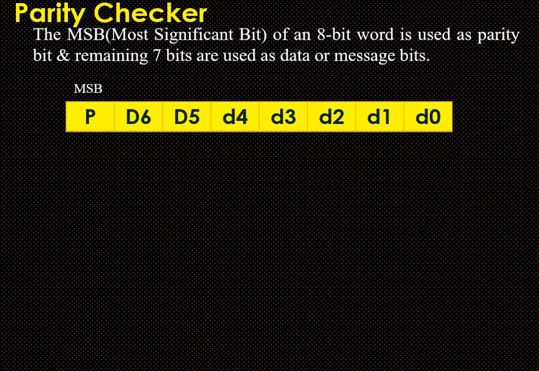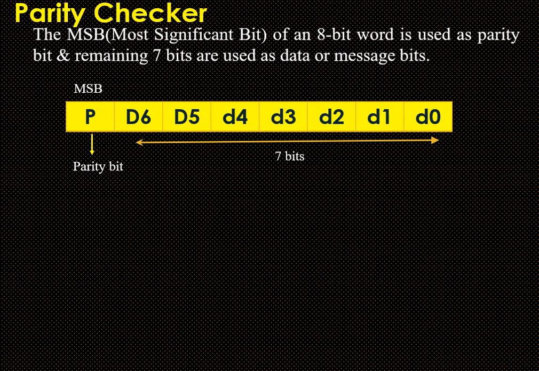The most significant bit indicates the parity bit. The remaining bits are D6, D5, D4, D3, D2, D1 and D0. These total 7 bits indicate the data or message bits, and the MSB indicates the parity bit.